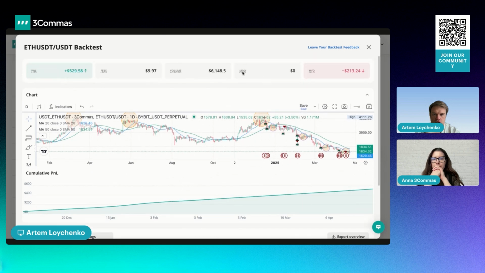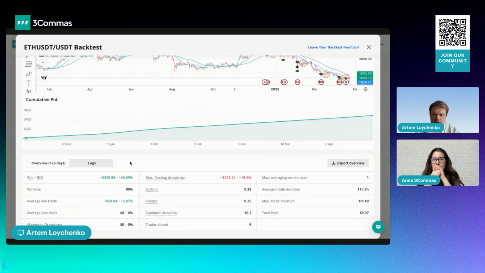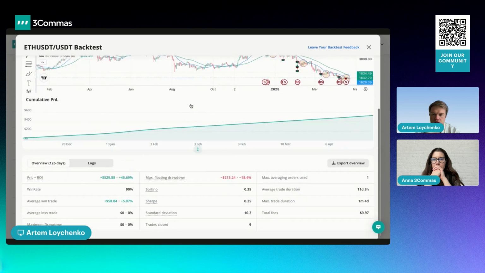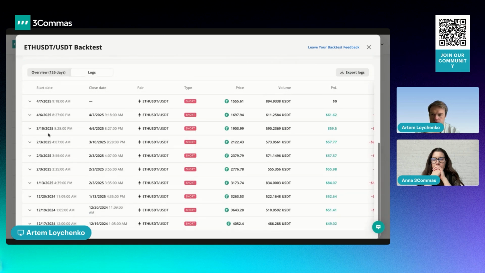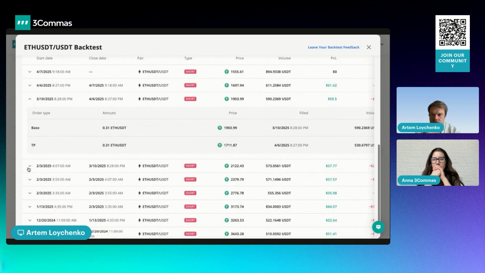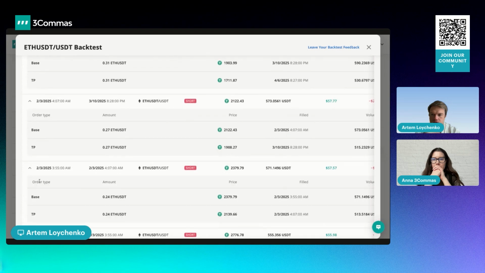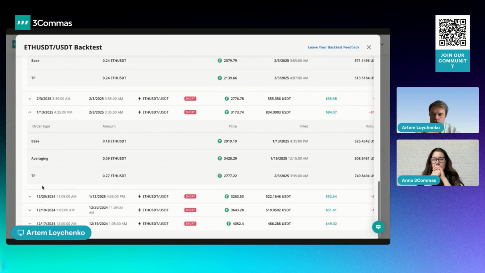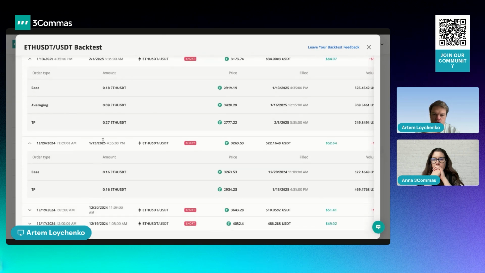Looking through the volume and the fees, we have much fewer trades than previously. We still have a nice ratio between PNL and MFD, but let's go to the logs, and we will see that on every trade we have one averaging, but on 90% of trades we don't have any averaging orders.